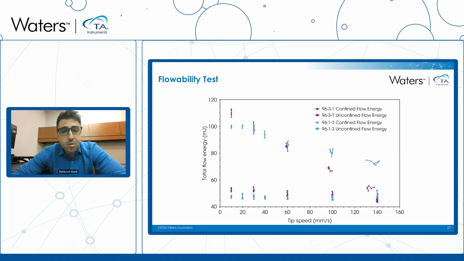But the 9613, which has more binder, kind of holds the structure together. So at low tip speeds, you kind of have a plateau. And then above 40 millimeters per second, you start to have a decrease in the total flow energy, but it's like 20%, half of what happens for 9631.